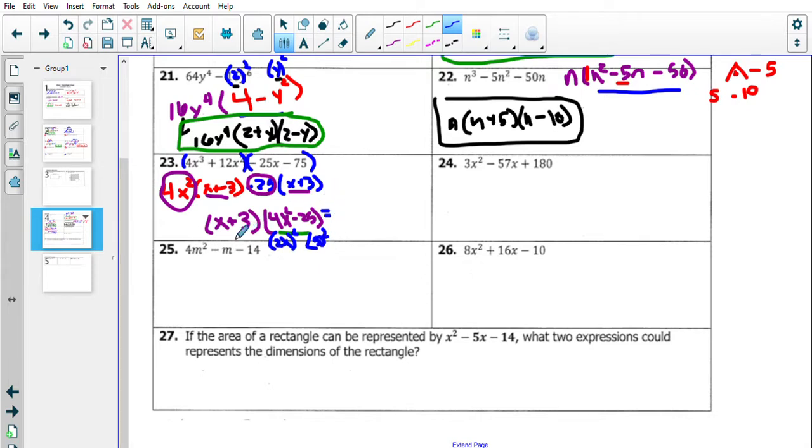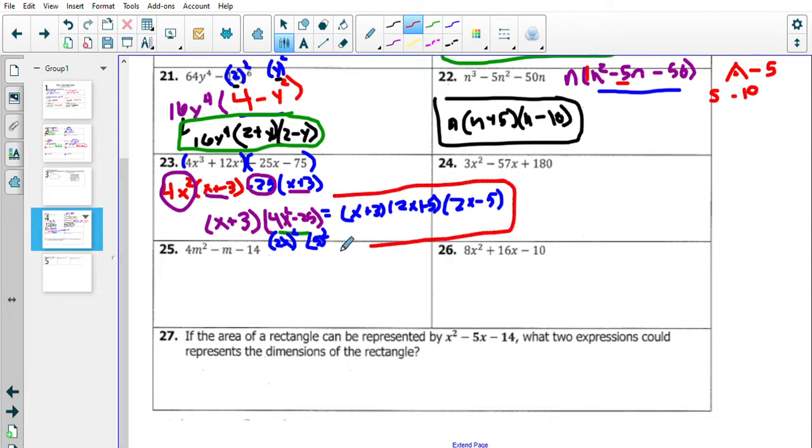So the x plus 3 is going to stay. And then we have a 2x plus 5 and a 2x minus 5. Okay, and that is actually our fully factored form there.